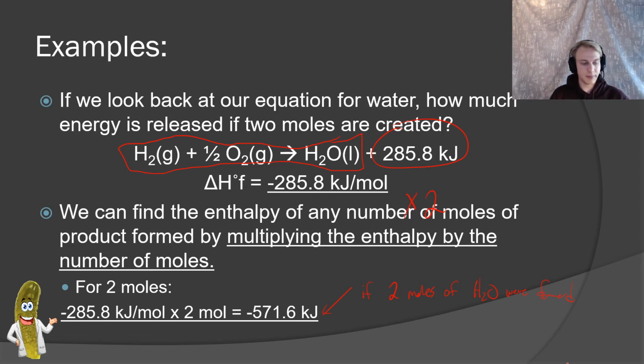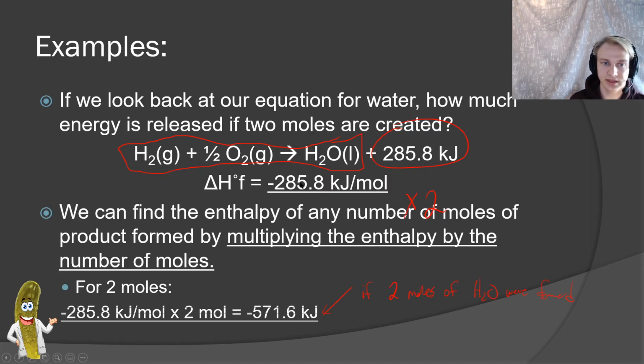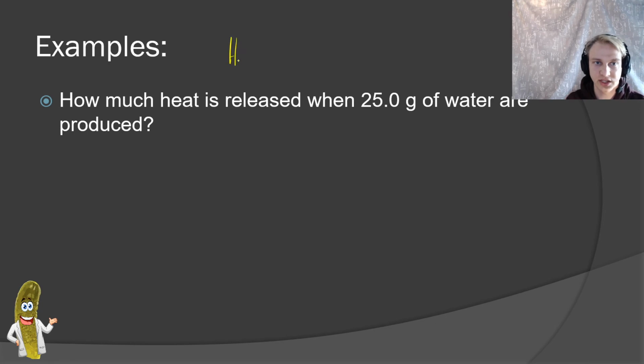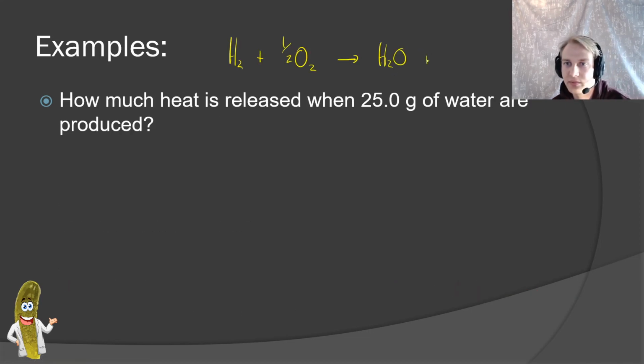Okay. That gives us a lot of power, because it allows us to take a number of grams of something, convert that into a number of kilojoules of heat, and see exactly how we could get there. So I'm going to write this equation out again: H2 plus 1/2 O2 goes to form H2O, and the value we had was negative 285.8 kilojoules.